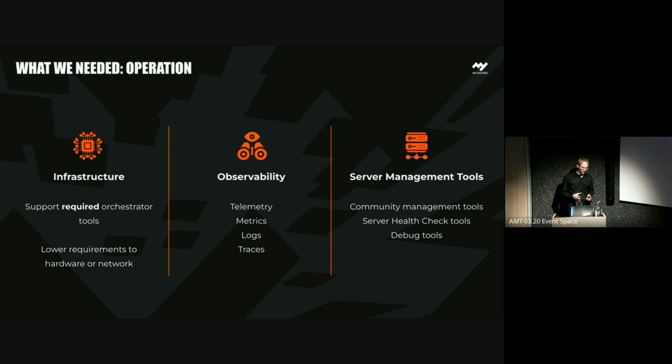The second problem with operation is that the backend is hidden. You don't see how the backend goes. You just run some black box, it works, and unless something goes terribly wrong, you don't even know what happens inside. So to see this, you need some kind of observability around this.